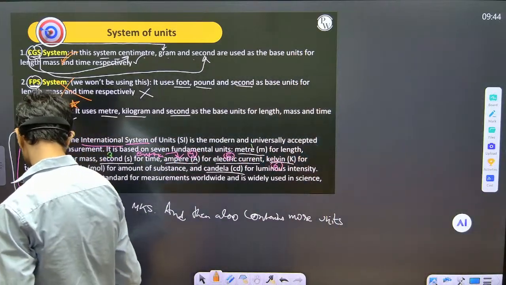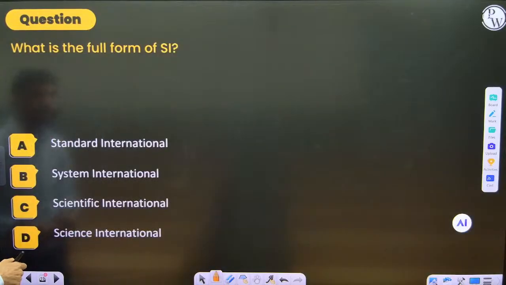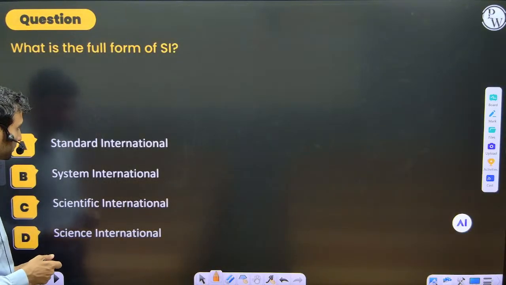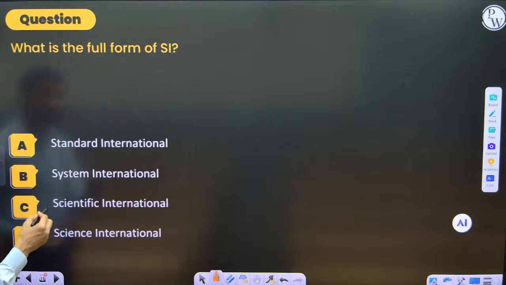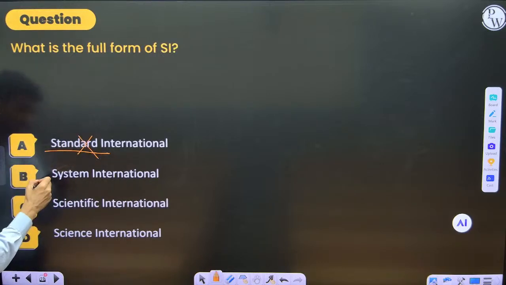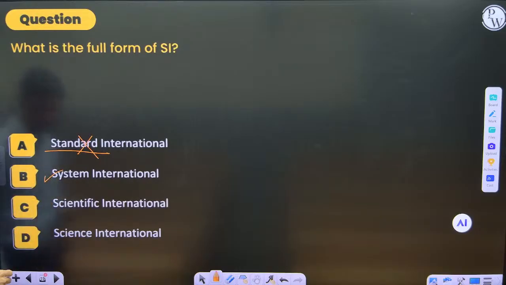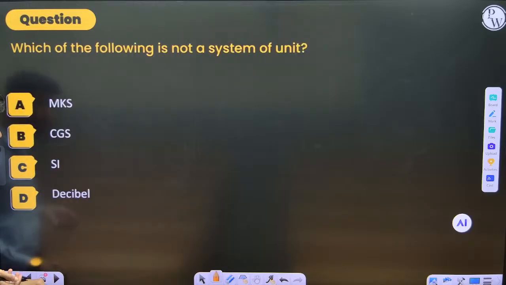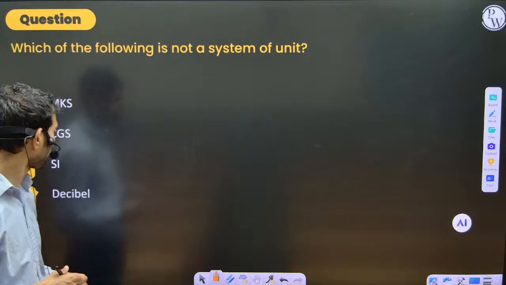Let's go ahead. Now let's do this problem. What is the full form of SI? It is Standard International. No, it is System International. That's straightforward, right? Now, which of the following is not a system of unit? So we have got a bunch of systems of unit.